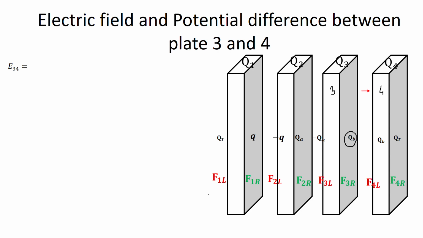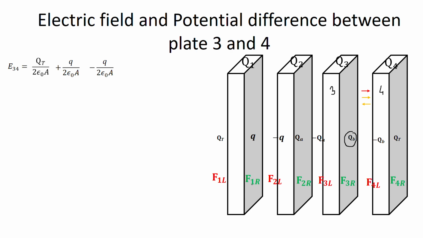Its magnitude will be QT divided by 2 epsilon naught A. Similarly, plus Q, this small q, will push the test charge towards right, which is shown by this yellow line, and its magnitude is plus Q divided by 2 epsilon naught A. Likewise, minus Q will attract the positive charge between plate 3 and 4, so its direction will be towards left, and its magnitude is minus Q divided by 2 epsilon naught A.